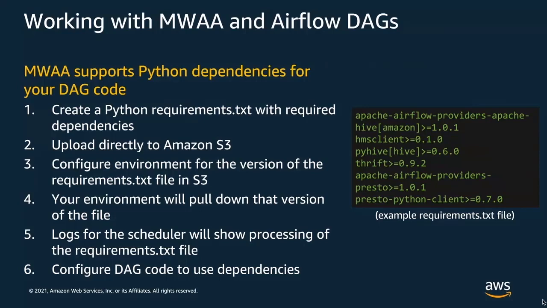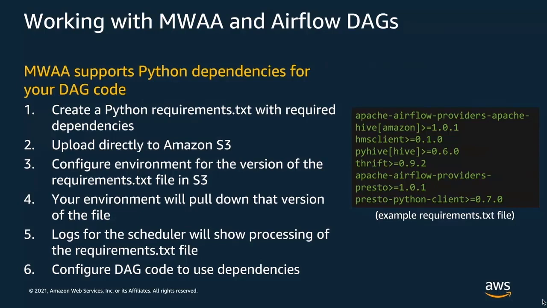In this case, you just put the requirements.txt file directly into S3. It does not need to be zipped up. You then tell the environment what version of this file you want to use. It will then, in the environment, run the Python package installer commands against this requirements.txt file, install all of those packages, and away you go.